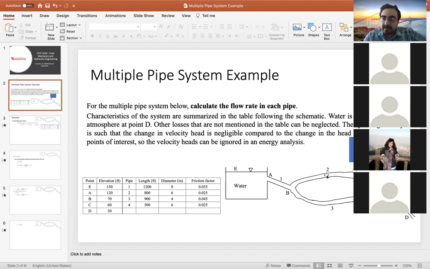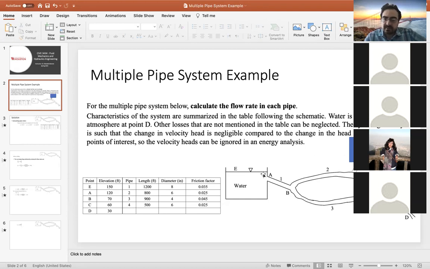Then based on that direction, I will solve all of these and see whether that satisfies all my governing equations like continuity, energy, and all of that. And if I see that one of them doesn't satisfy, then my assumption was wrong, and the flow direction was the other way.